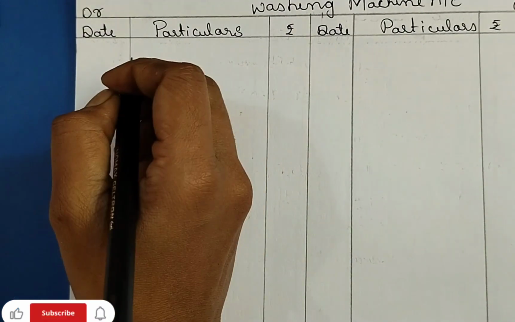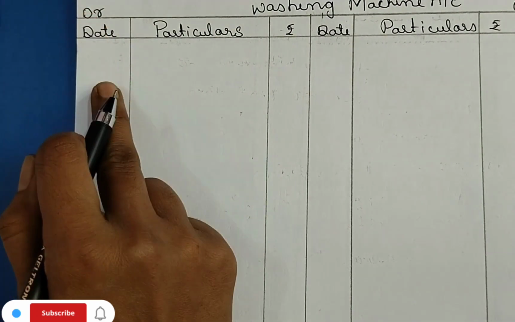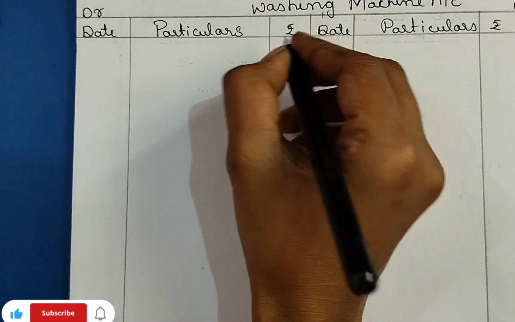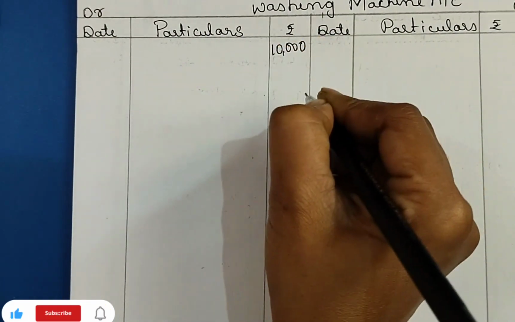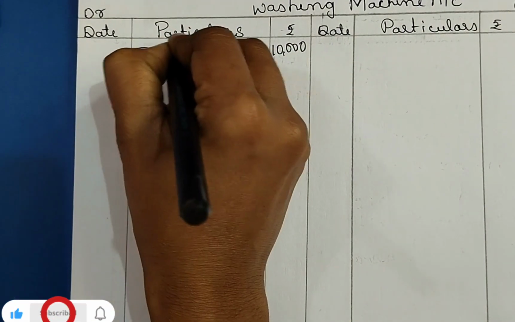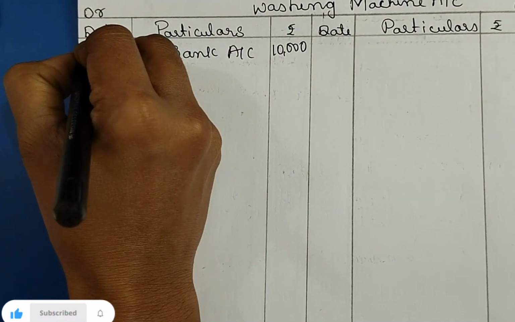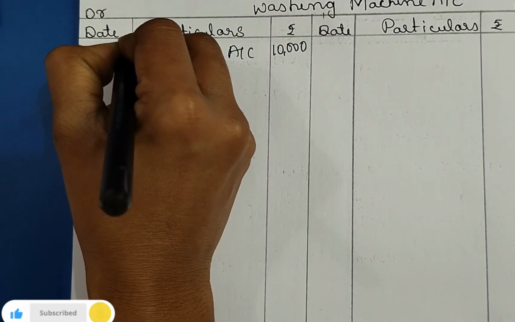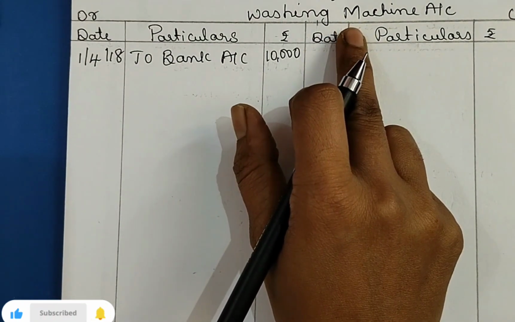So when we made this washing machine account debtor to bank account, in washing machine account debit side we are recording 10,000 rupees and this amount we received through bank to bank account on 1/4/2018.